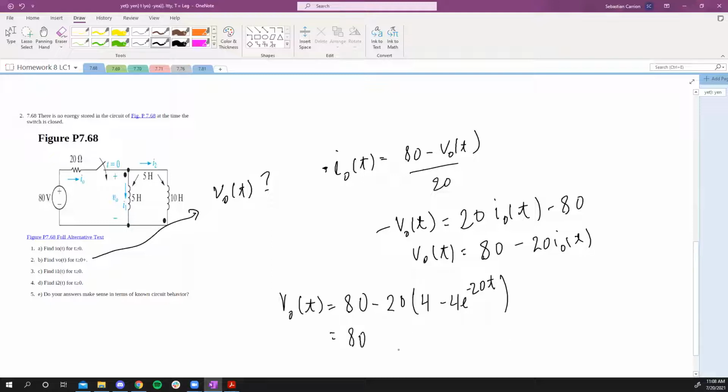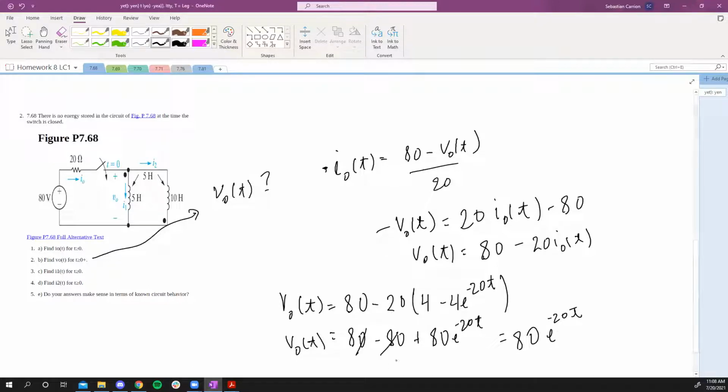We get 80 minus 80 plus 80e to the negative 20t. So then our v naught(t) for time greater than 0 would be 80e to the negative 20t.